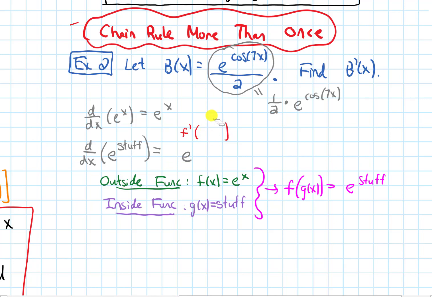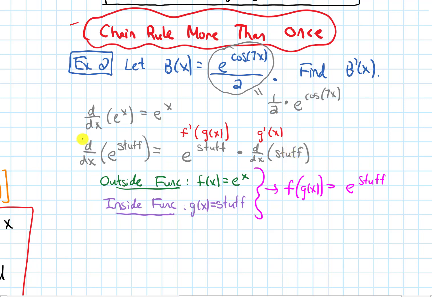It says, keep writing g of x, keep writing whatever that stuff is, the inside function. So I would have to do e to the stuff rather than e to the x, and I multiply by g prime of x, the derivative of the inside. So in this case, it's going to be the derivative of that stuff that I plug in.